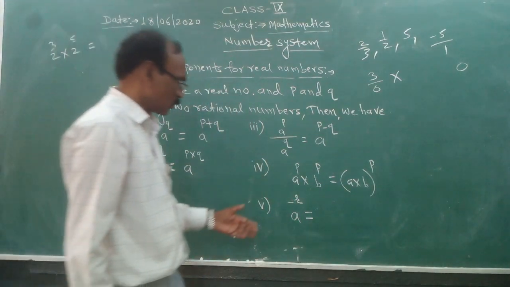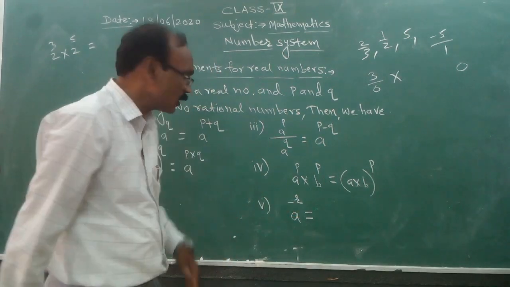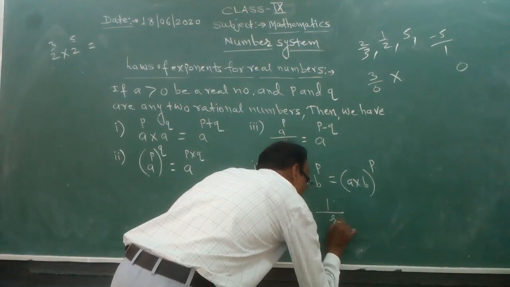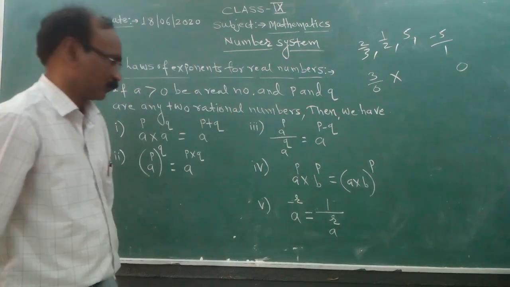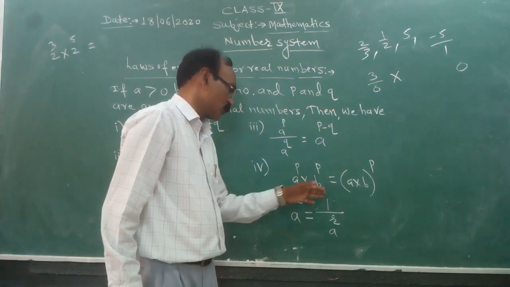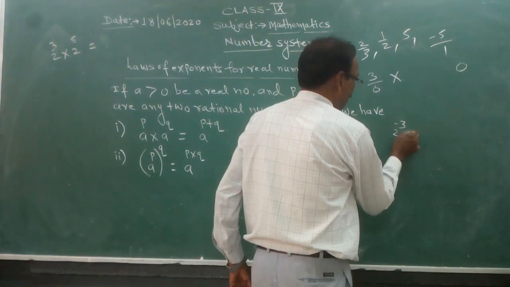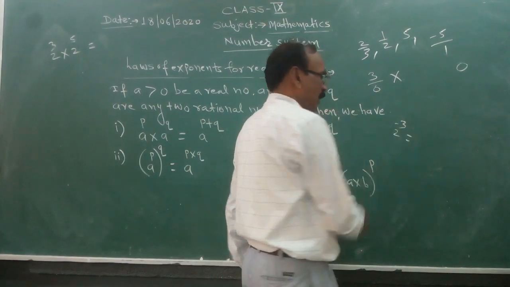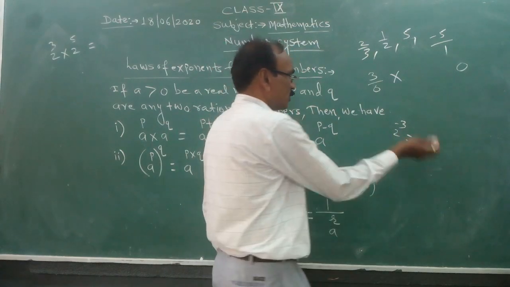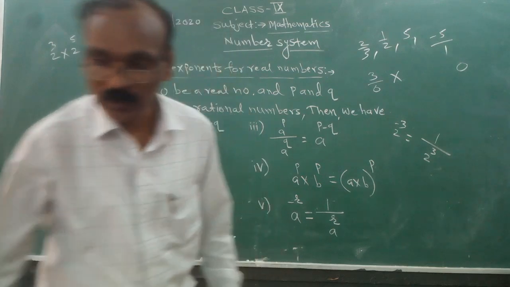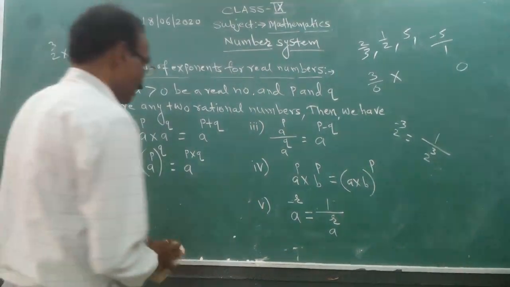If you want to change the power to positive, I can make this 1 upon a raised to the power plus r. The negative sign is removed because I have taken 1 upon. If it is 2 raised to the power minus 3, to change the sign I have to write 1 upon 2 raised to the power 3. So remember these 5 laws here.